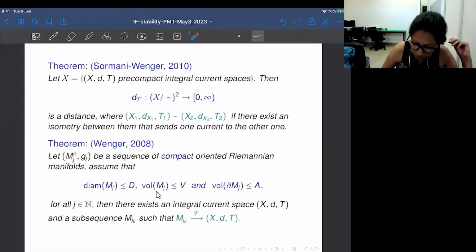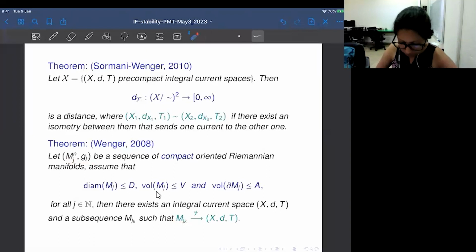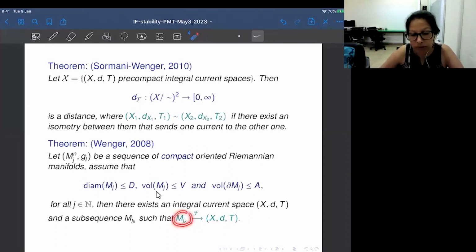And the limit is going to be an integral current space. Even if I start with Riemannian manifolds, the limit is only going to be an integral current space. It's not necessarily a Riemannian manifold.